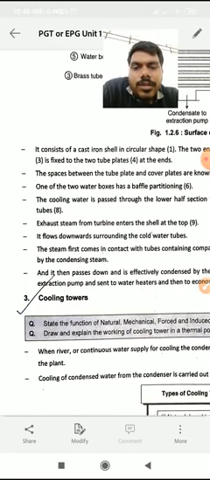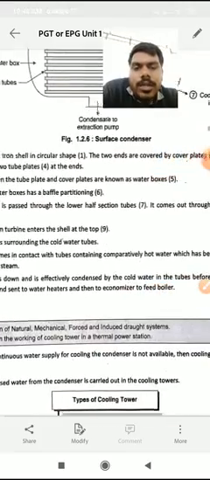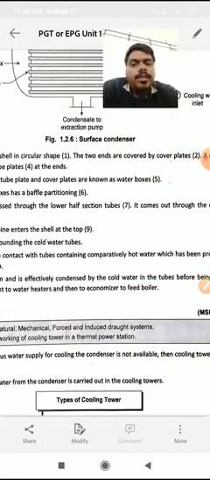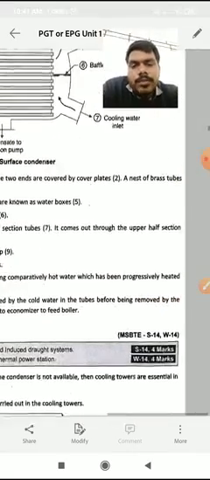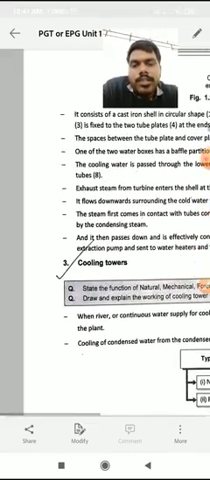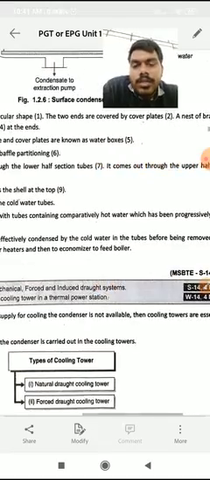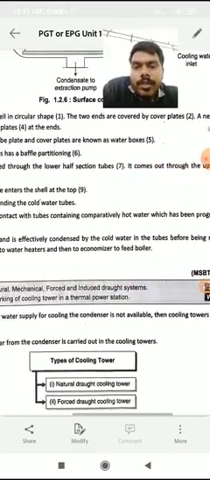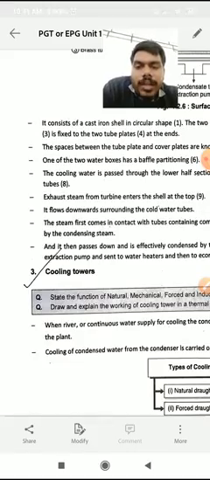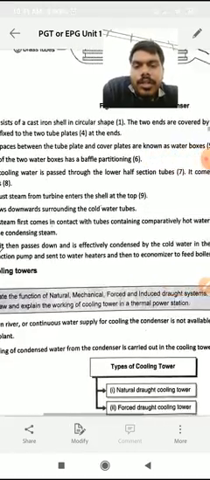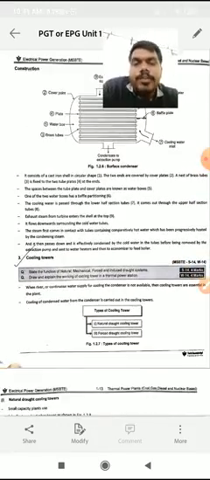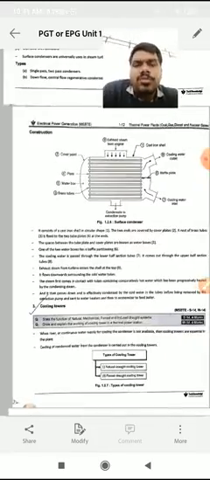The steam first comes in contact with the tubes containing comparatively hot water, which has been progressively heated by the condensing steam, and then passes down and is effectively condensed by cold water in the tubes before being removed by the extraction pump and sent to the water heater, and then to the economizer to feed the boiler.